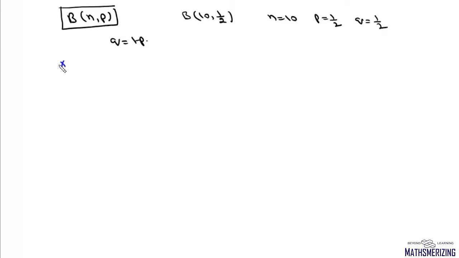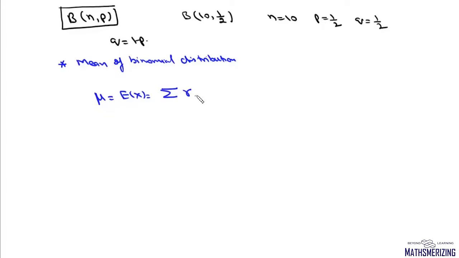Now we'll find the mean of binomial distribution. Now we know that the mean of binomial distribution will be this summation r into NCR p to the power r into q to the power of n minus r, where r varies from 0 to n.